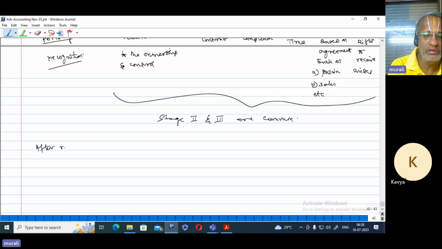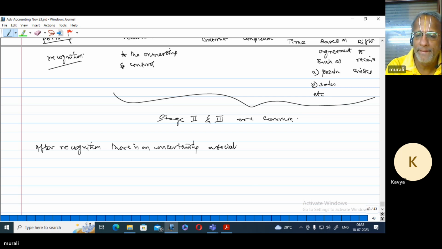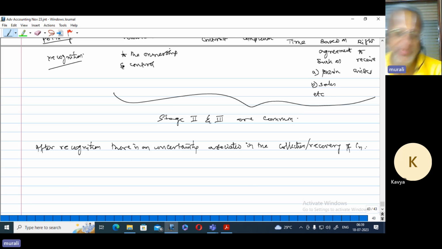After recognition, there is an uncertainty associated in the collection or recovery of consideration. Then what is that we should do?